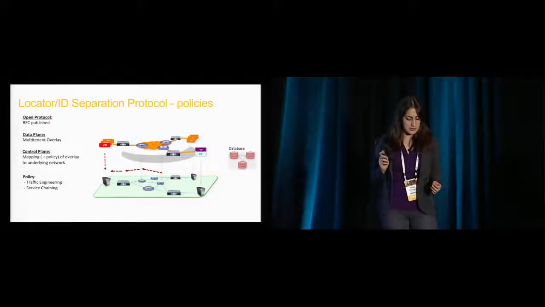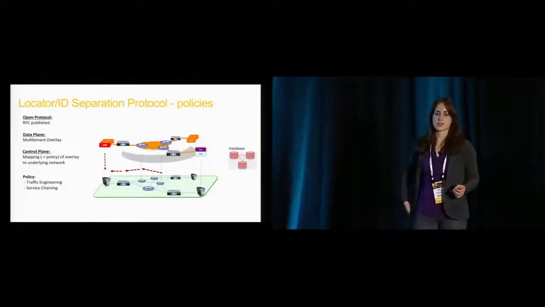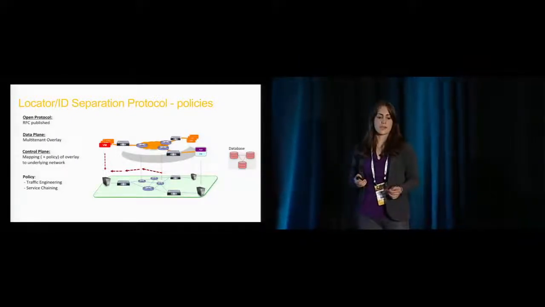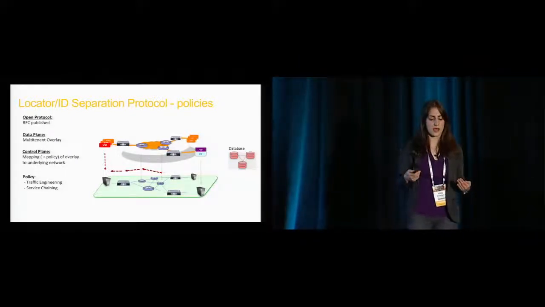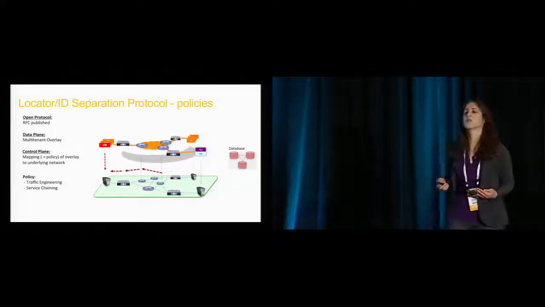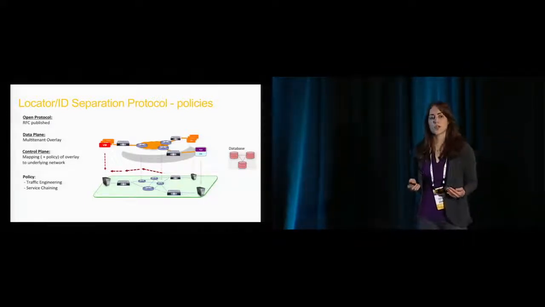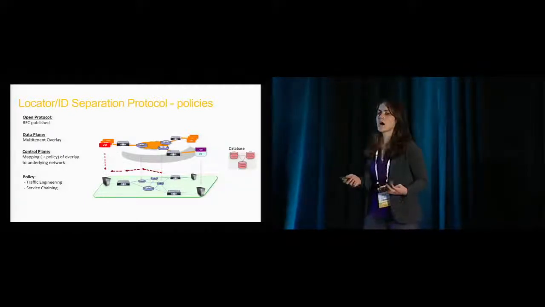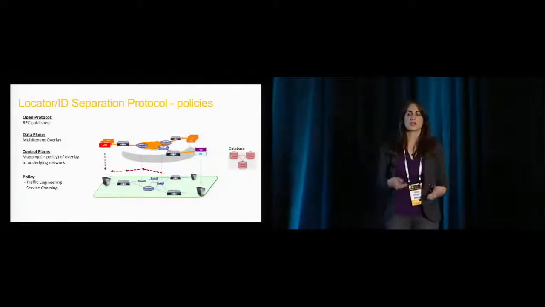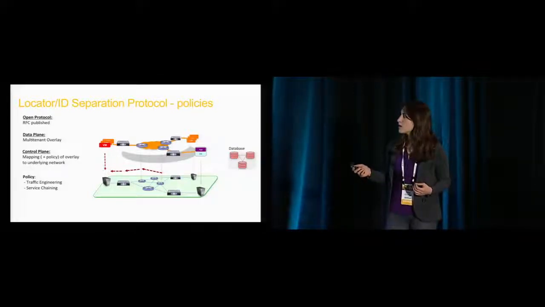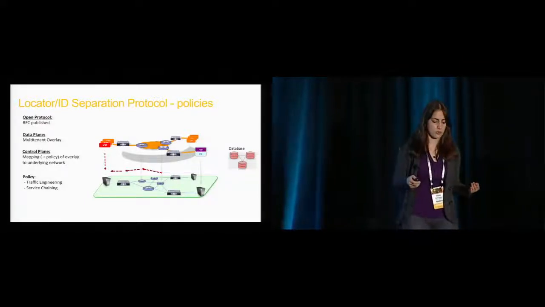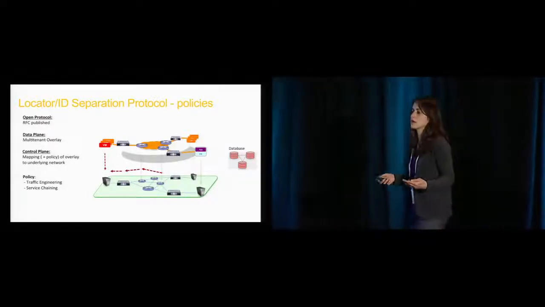Another example is traffic engineering and service chaining. That's another kind of policy that you can insert, saying that in order to reach that host or endpoint, I don't want to give you the direct location, but I'm going to give you a path. A path is a sequence of hops that you need to go through to reach that endpoint. We're assuming the hops are all Lisp enabled.